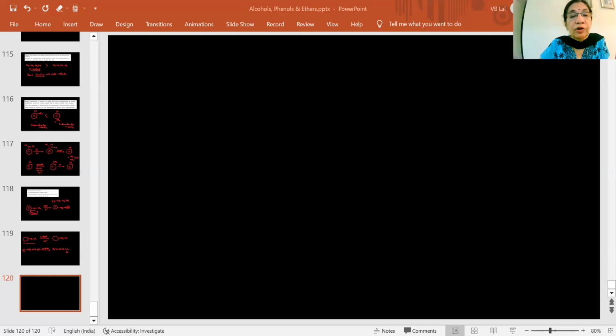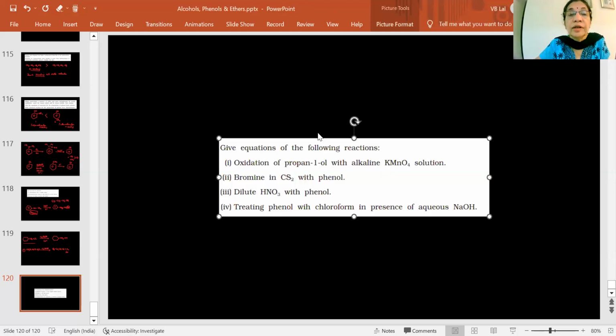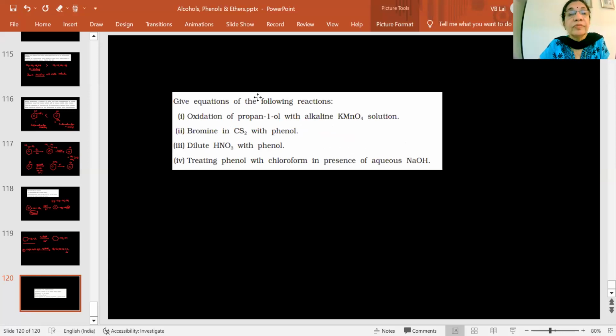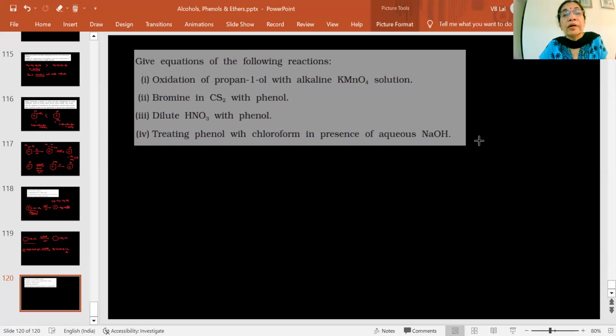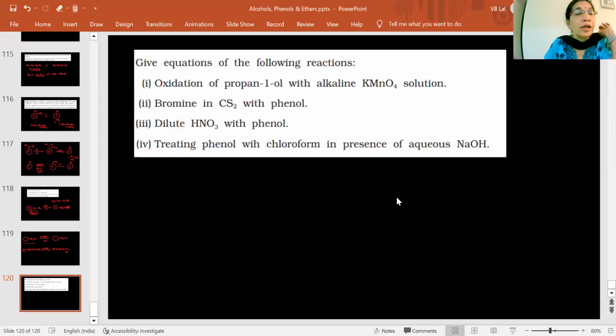Give equations for the following reactions. Let me write it here. Right. Now, give equations for the following reactions.